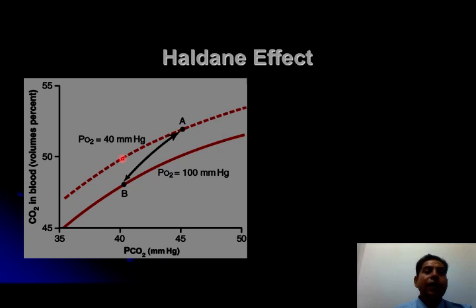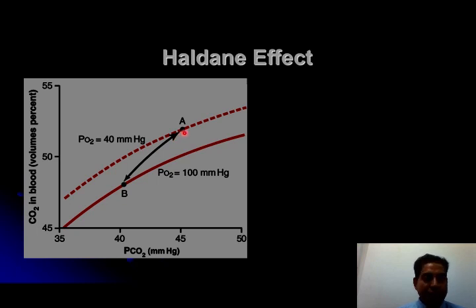So if you look at the graph only at the systemic capillaries, going from the arterial end of the capillary to the venous end of the capillary, from 50 you have gone up to 52. That means you have only picked up 2 ml of carbon dioxide from the tissues.